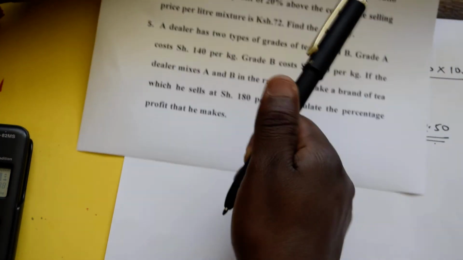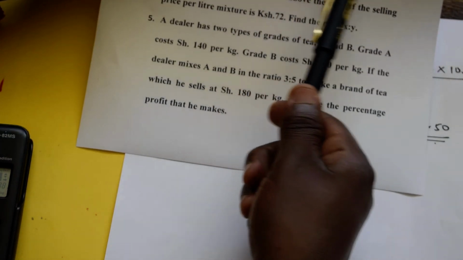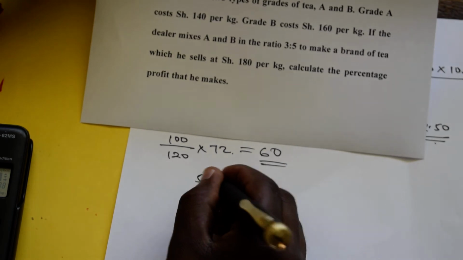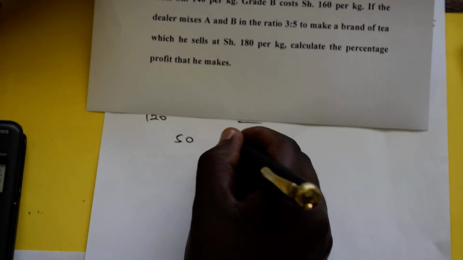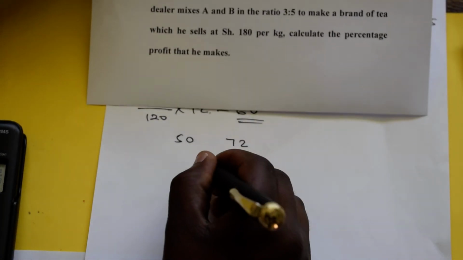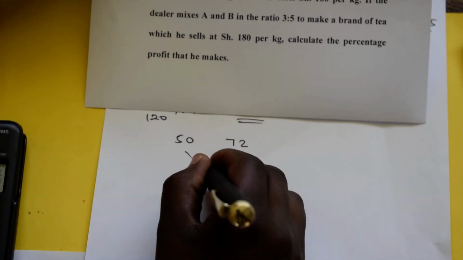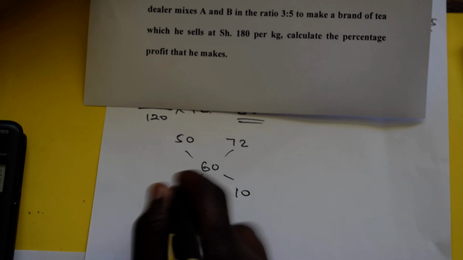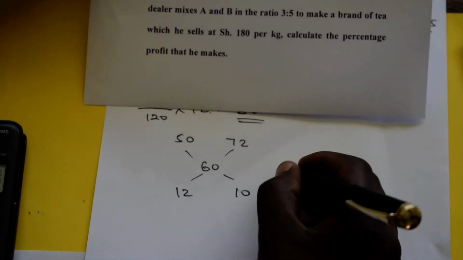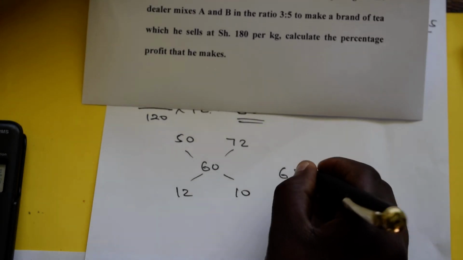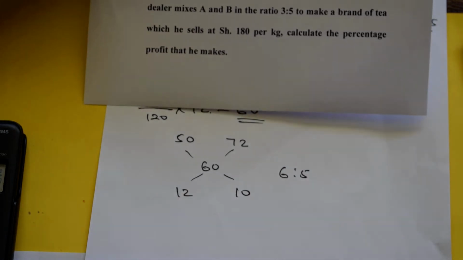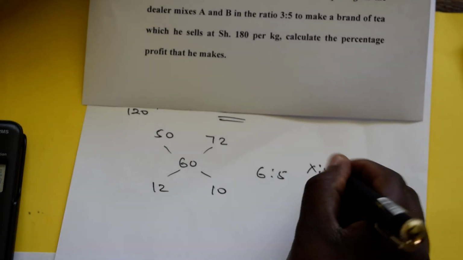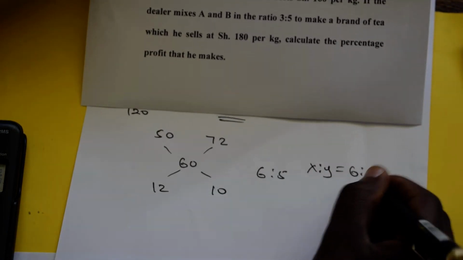Therefore, the first one was costing 50, and the second one was costing 72, and the mixture is costing 60. So we can easily find the ratio in which they are mixed. So this will give us 12, this is 10. If you simplify this one, we get 6 to 5. So our ratio X to Y is 6 to 5.